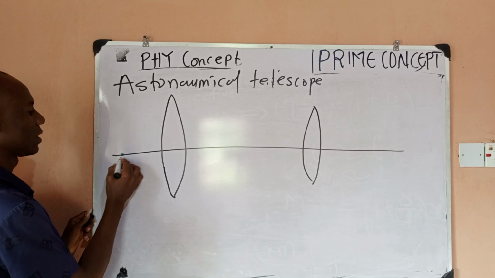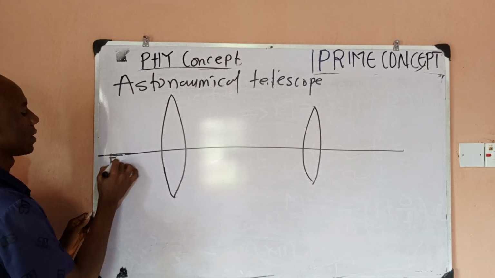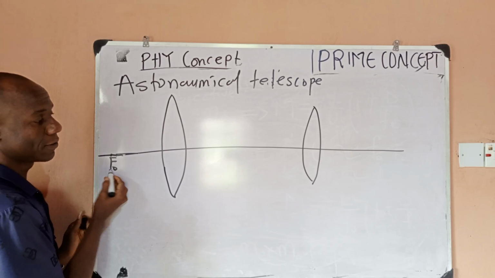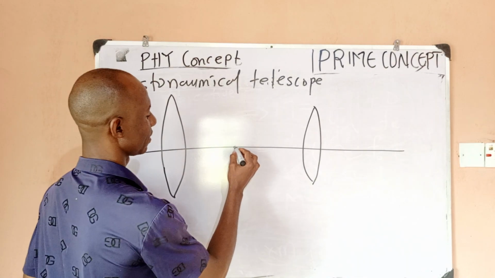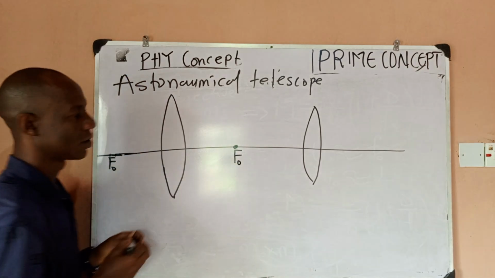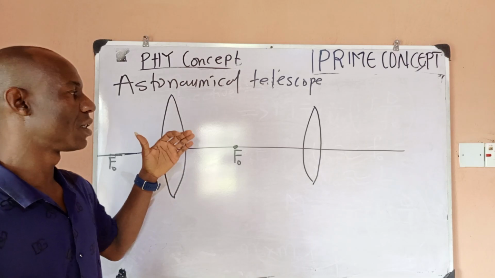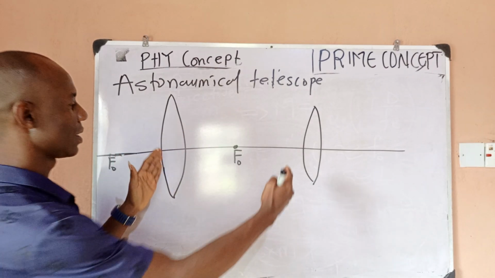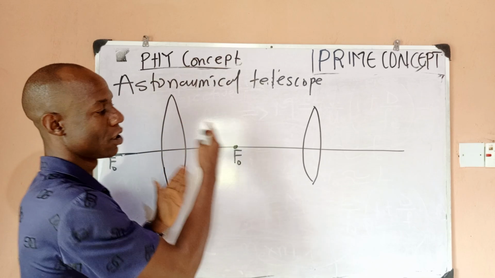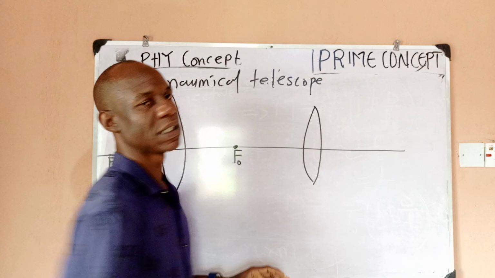Say this point is the focal point of our objective lens, and this is Fe, the focal point of our eyepiece. The astronomical telescope is built in such a way that the focal point of the objective lens coincides with the focal point of the eyepiece lens.